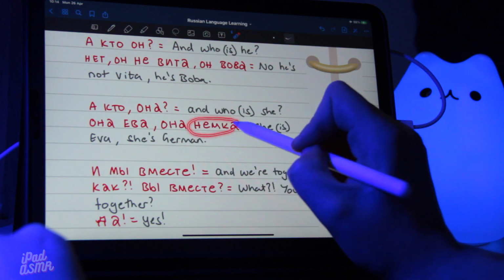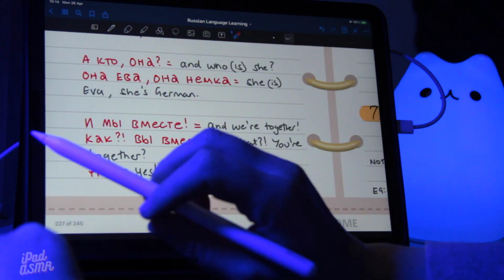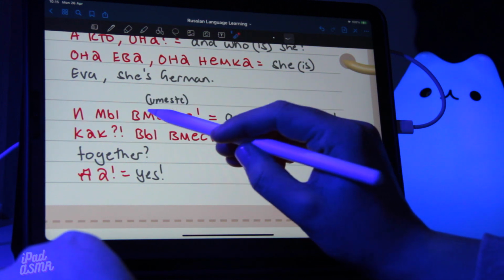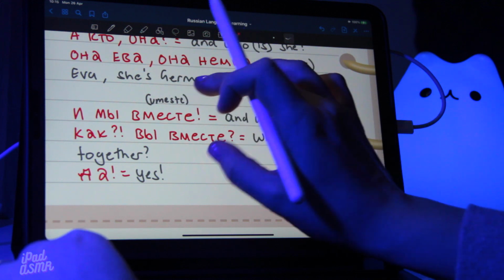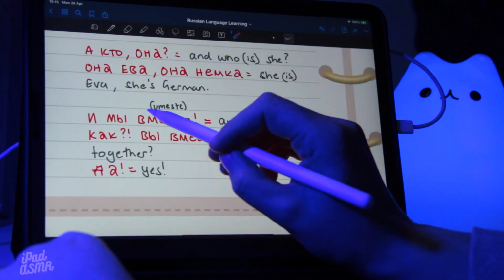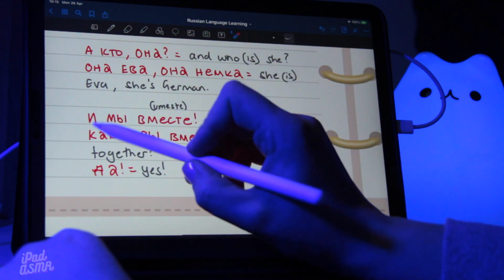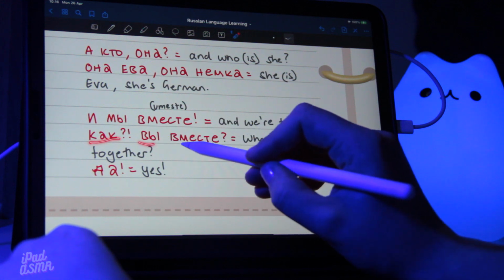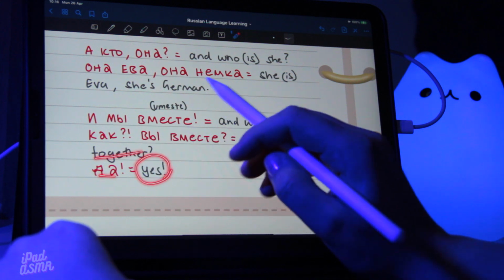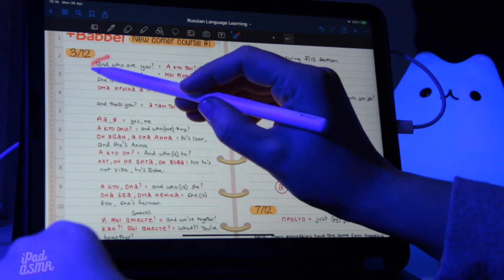My vmeste. And we're together. Kak vy vmeste? What? You're together. Da, yes. This was a strange sort of example of dialogue here.